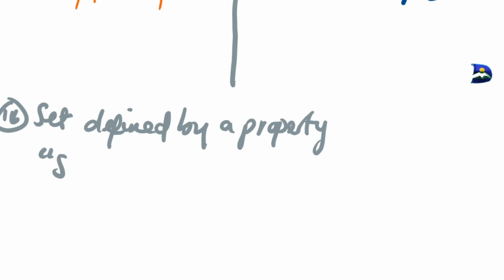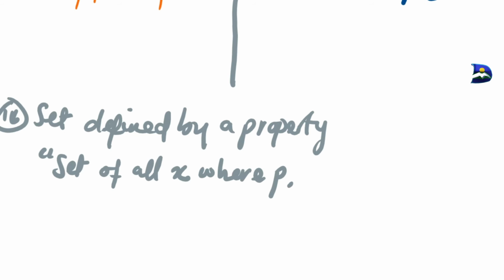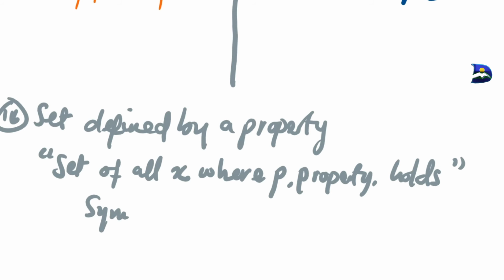An example will be, when someone says set of all variable or a specific object where P, which is in this case a property, holds, this can be expressed by a symbol first, which is shown as follows. We have this particular bracket, which twisted symbolizes that these are sets where X is a property that is held by P.